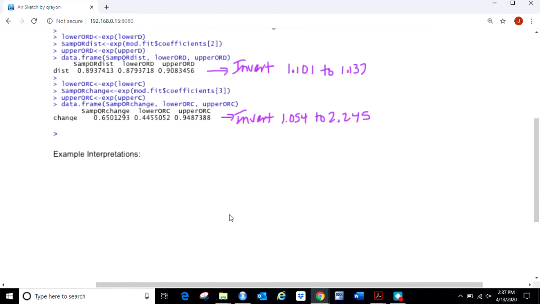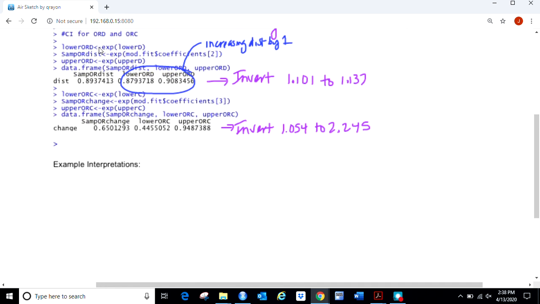So let's actually interpret these. For this first one, this was our distance. This was truly a quantitative variable. When we had it originally, what this meant we were doing was increasing distance by 1. Now that I've inverted it, we are now decreasing distance by 1.